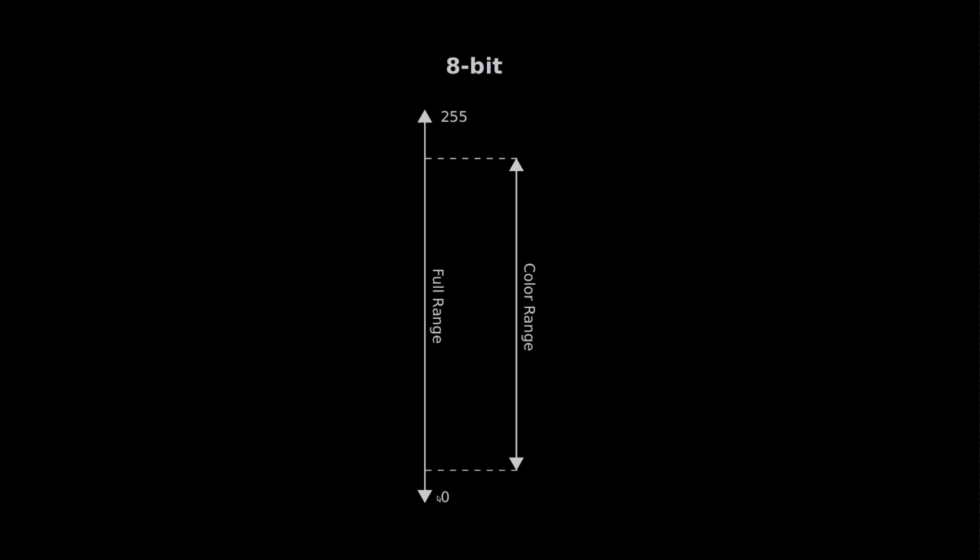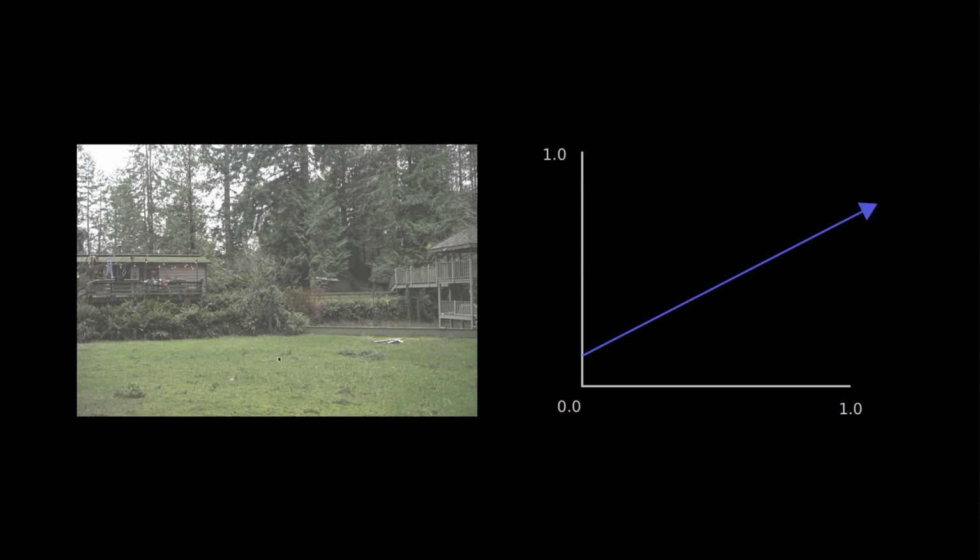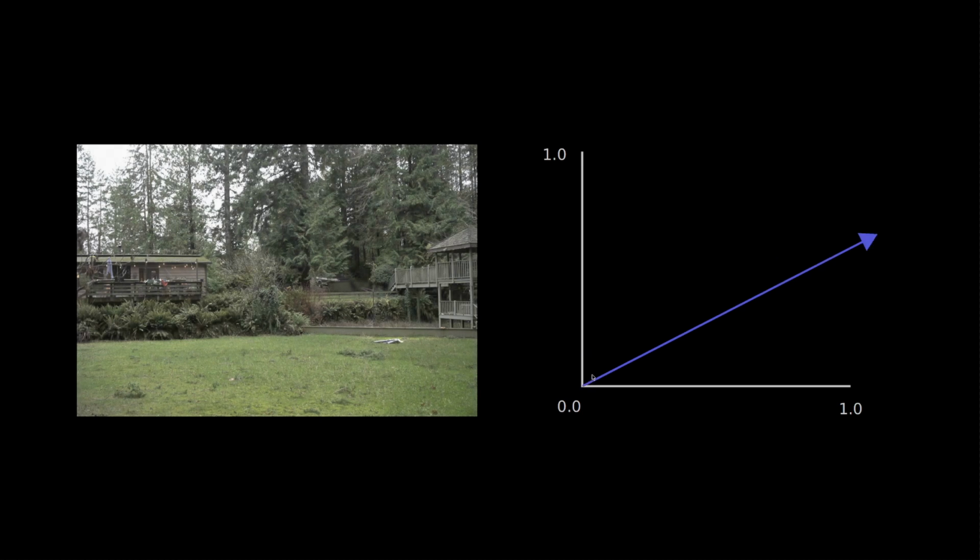So instead of 0 representing black, now this higher level represents black. So to get broadcast encoded footage back into linear color, where black is represented by 0, we need to subtract back out this non-zero black level. Simple, right? And yeah, it pretty much is. And this is broadcast legal ranges in a nutshell.